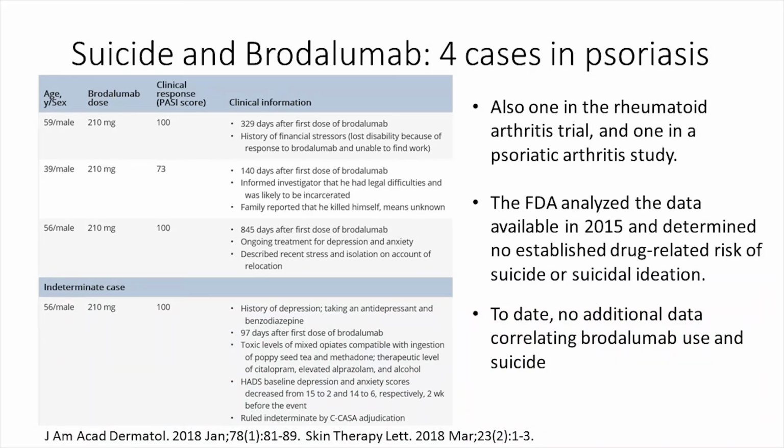This is the data going over those cases. One of those cases has been determined to be potentially not truly suicide, but an accidental opioid overdose. These were all males, aged 39 up to 59, sort of the age in which we see suicide.